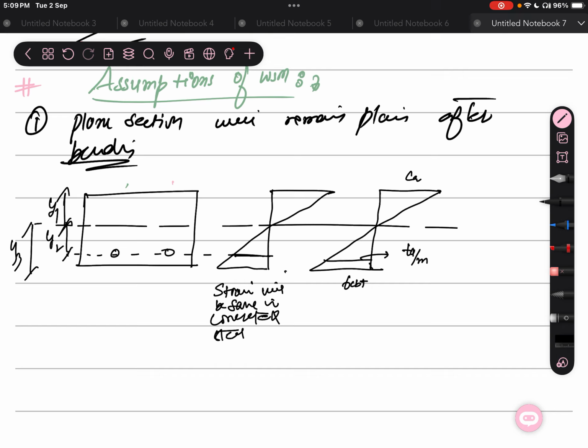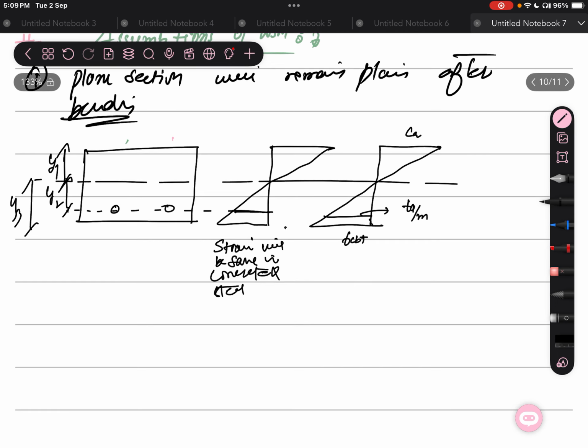So how can we use this? Let's suppose this is the strain in concrete, the strain on the tensile side of concrete, and this is the strain in steel in tension. Basically we use similar triangles, as simple as that.